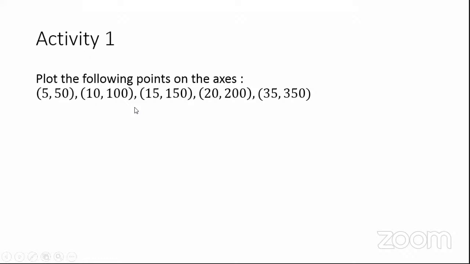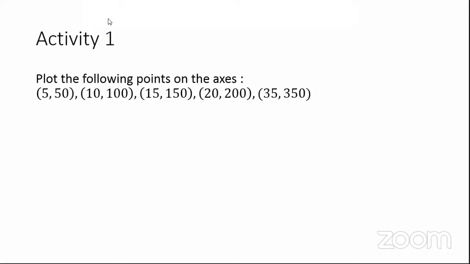So here we need to first identify the highest on the x-axis and then the lowest on the y-axis. So what is our highest value? Yes, we're going to number them up to 350, but using an appropriate scale.